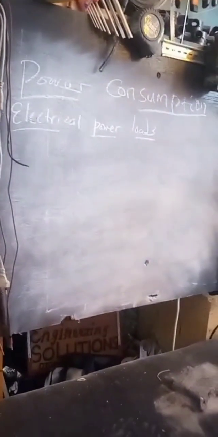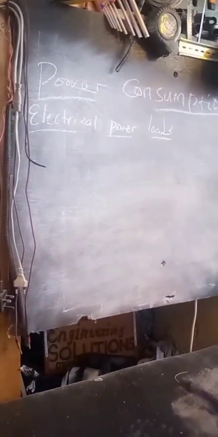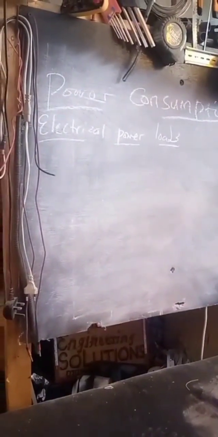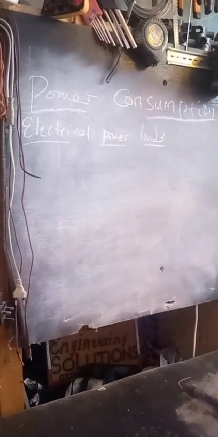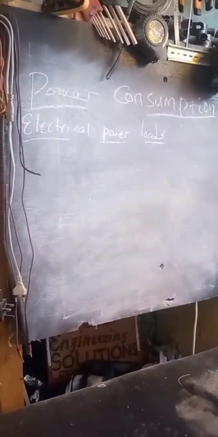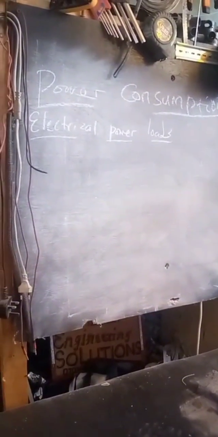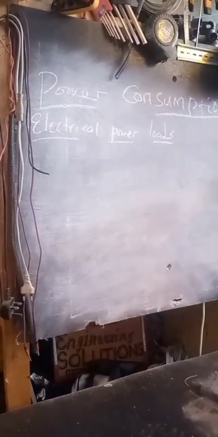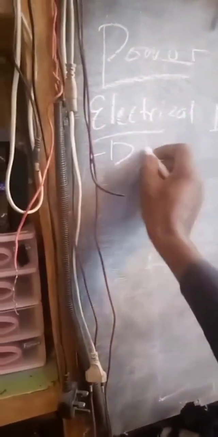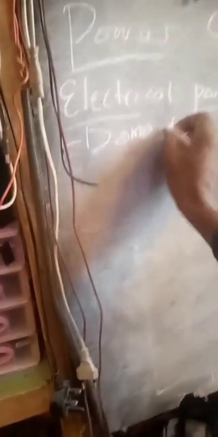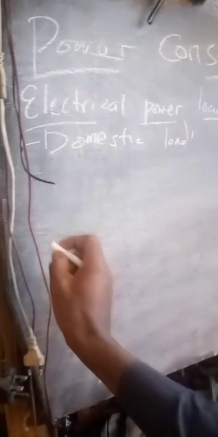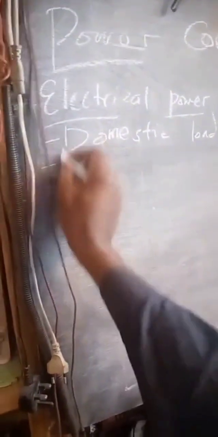Remember, when you go to the market, you usually see street lights. When you go to industries, you see motors. When you go into the houses, you see lights and the like. So what we are going to learn today is types of electrical loads. One is domestic loads. Two is industrial load.